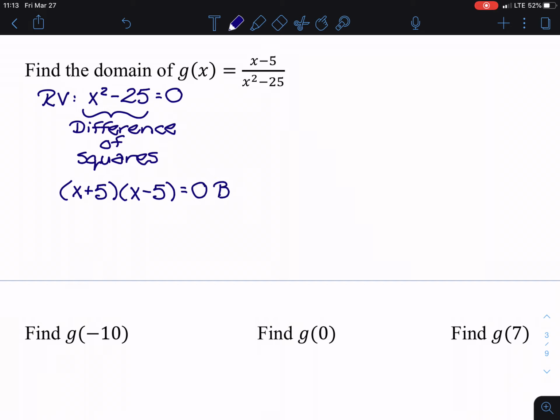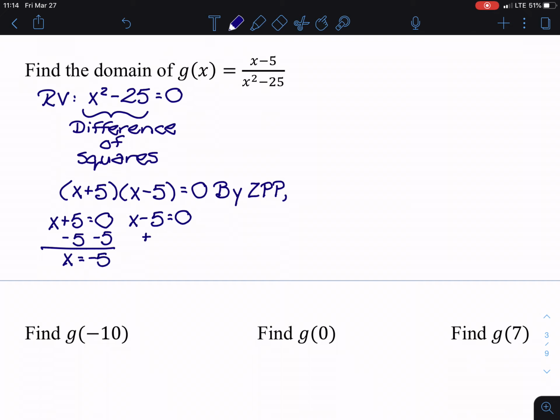And then, by the zero product principle, I can set x plus 5 equal to 0, x minus 5 equal to 0, and then solve for x. So subtracting 5 from both sides in the first equation, I get x equals negative 5. Adding 5 to both sides of the equation in the second equation gives me x equals 5. So those are my restricted values.